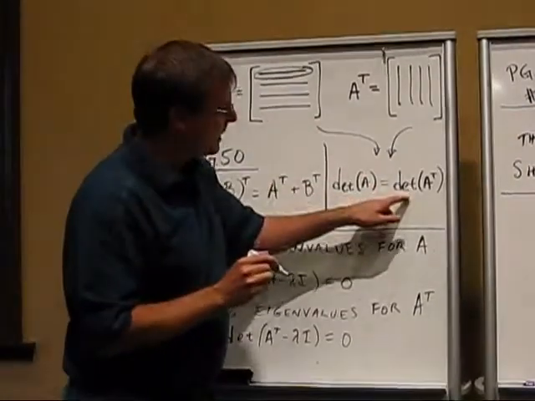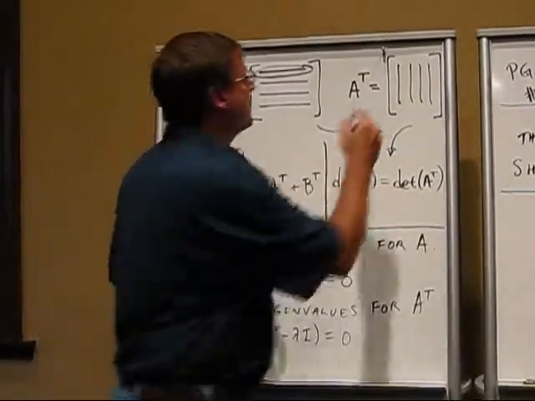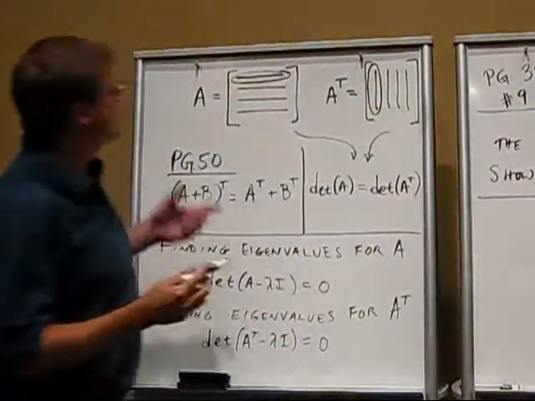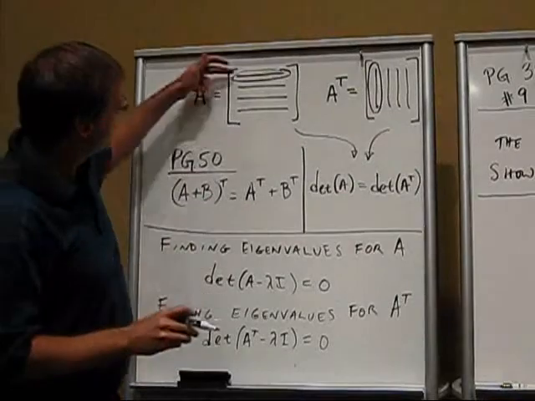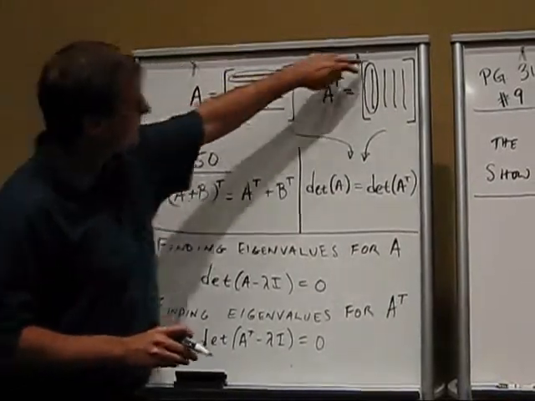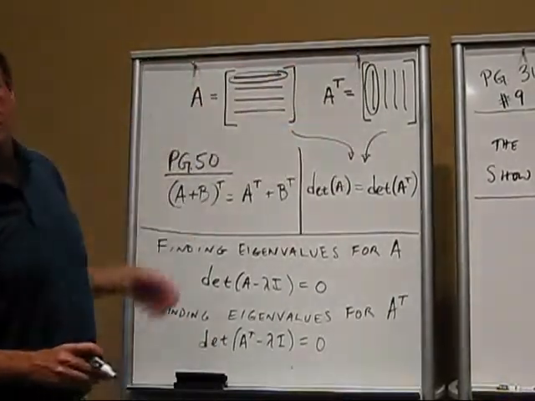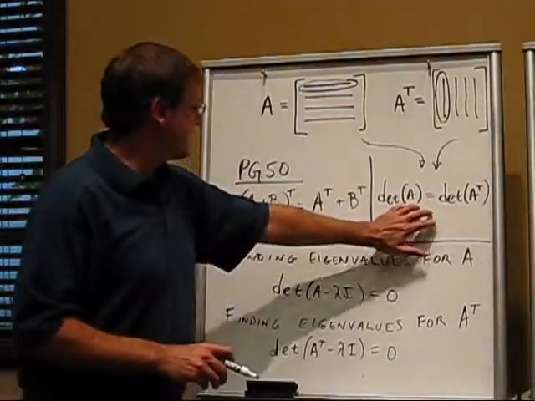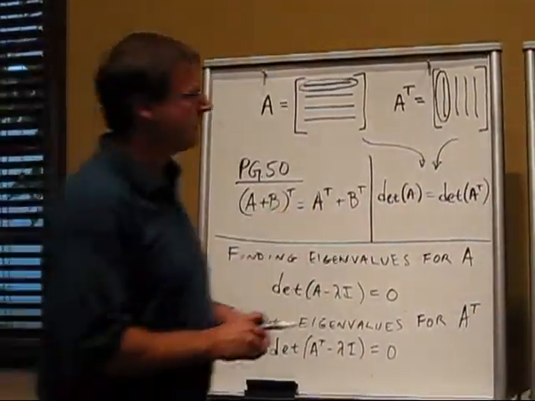And when I go to do my determinant of A transpose, I'm going to do my cofactor expansion along this column. And you can see how they're exactly the same. The stuff up here is going to be exactly the same as this stuff, and also the cofactors will be the same as well. So this is a nice fact for us.